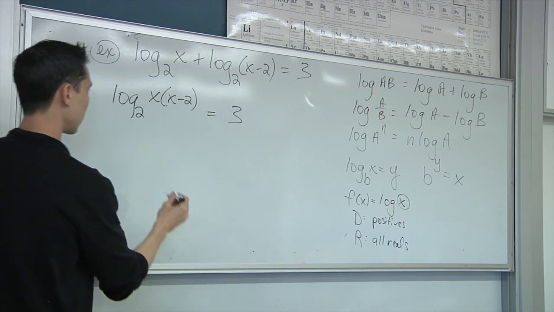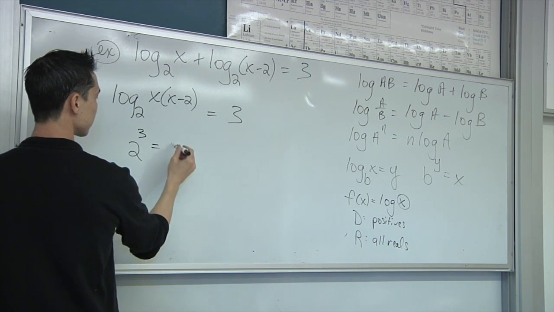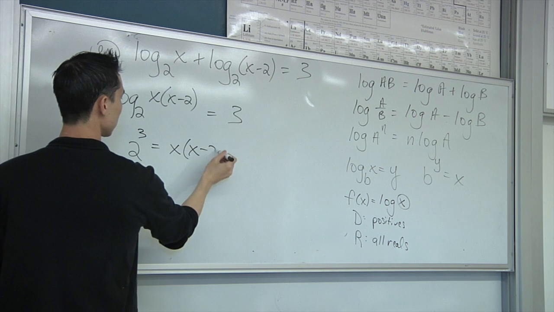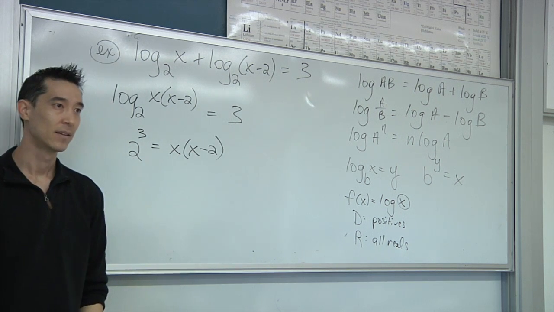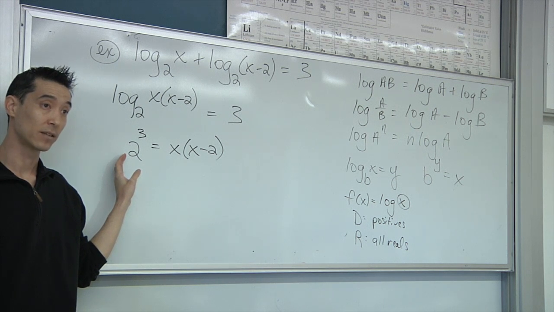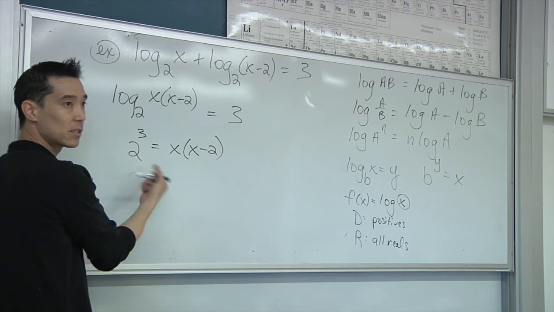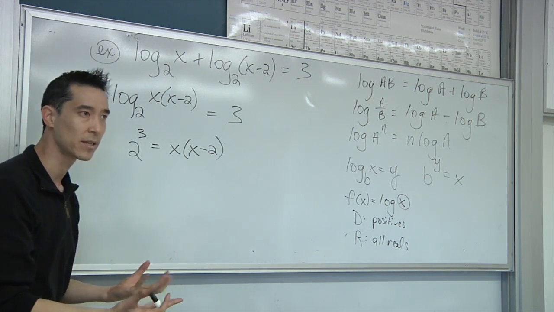So what's my next statement going to look like? 2 to the third power equals x times x minus 2. Great. This is an equation we spent a whole chapter on solving. Now you guys have to solve it. How do I solve x times x minus 2 equals 8? What type of equation is that?